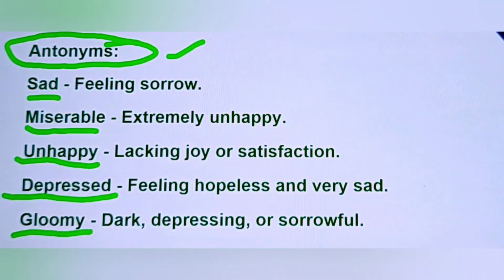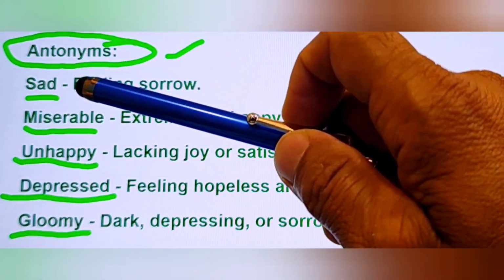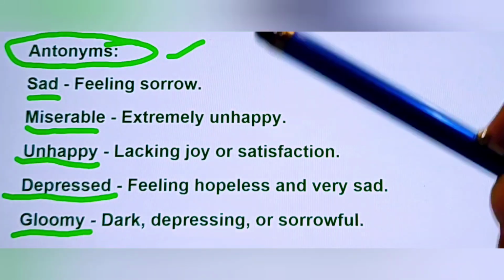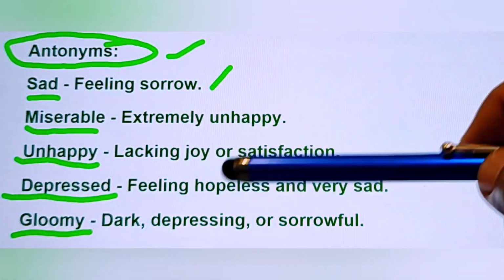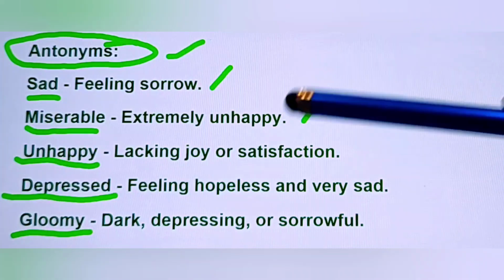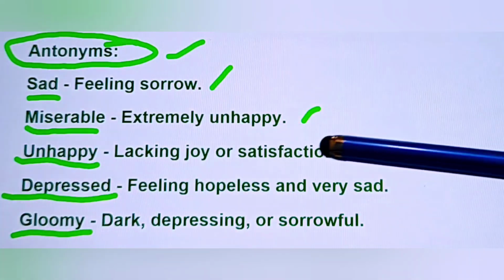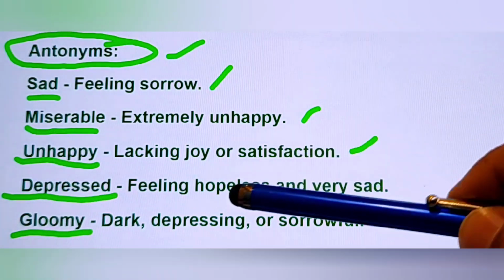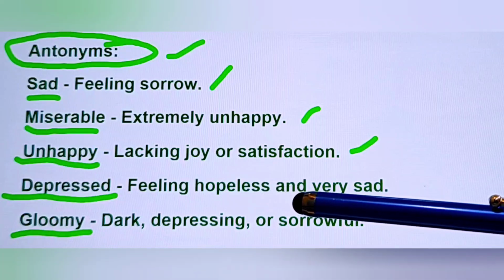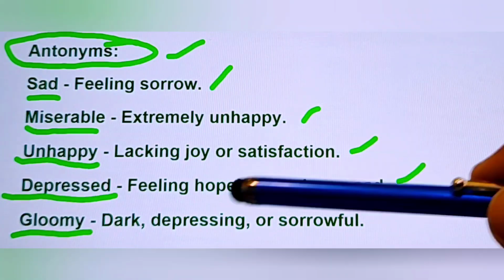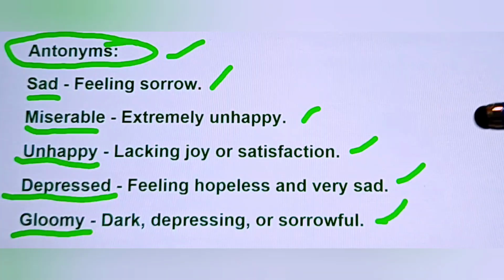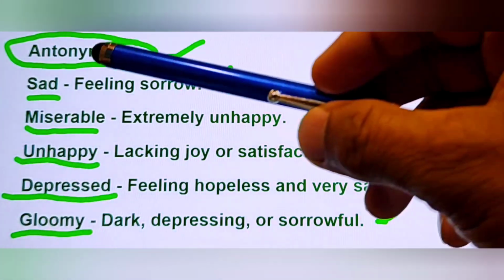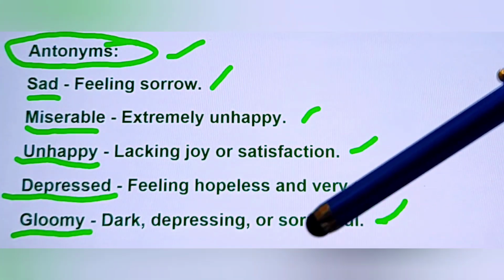We have only one word and we find lots of words related to it. Sad means feeling sorrow; miserable, extremely unhappy; unhappy, lacking joy or satisfaction; depressed, feeling hopeless and very sad; and gloomy is dark, depressing, or sorrowful. These are all antonyms of joyful.